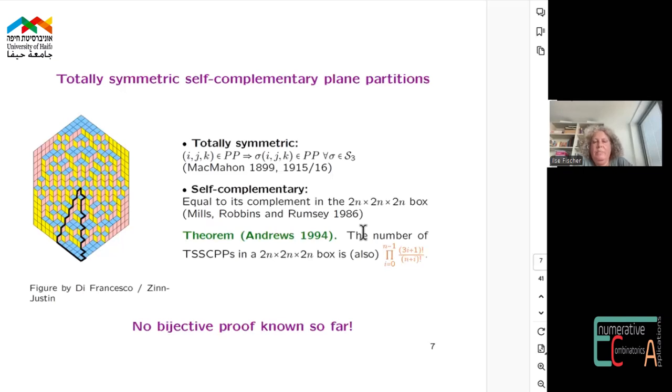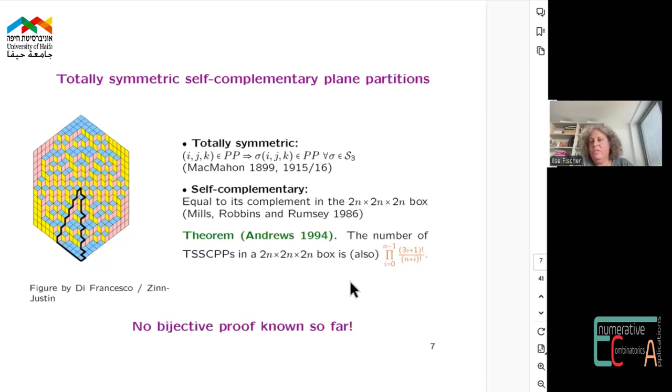And if this plane partition happens to be the same as the original one, then it's called a self-complementary plane partition. And I want to have all these symmetries. If I have all these symmetries, then George Andrews showed that the number of these totally symmetric self-complementary plane partitions in this box is given by the very same formula as the one for alternating sign matrices.